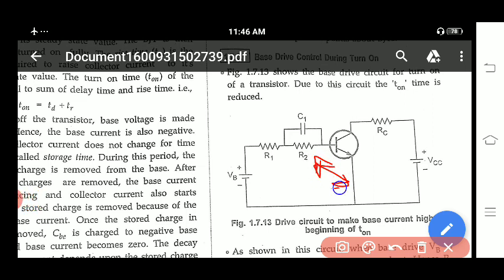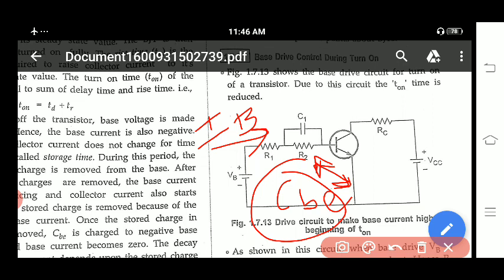If you want to charge this base to emitter capacitance to its maximum value immediately, you have to apply IB peak. If you apply IB peak, then this capacitance will be charged to its maximum value immediately.